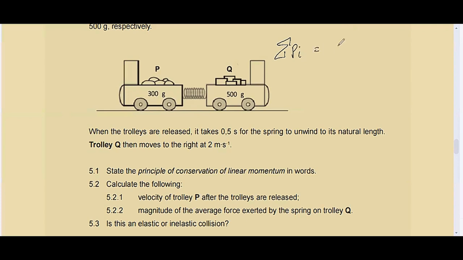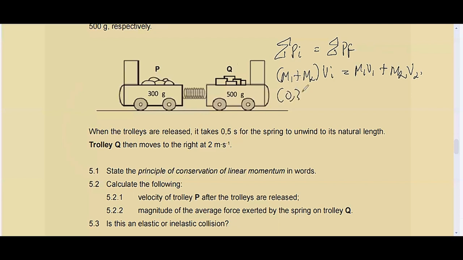Momentum. The sum of momentum initially is equal to the sum of momentum finally. So here we have them sharing the same initial velocity, (m1 + m2) vi. Then after they separate, m1 v1 + m2 v2, right?